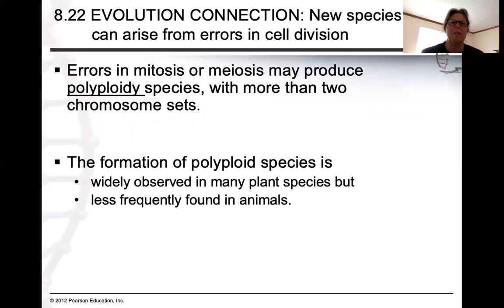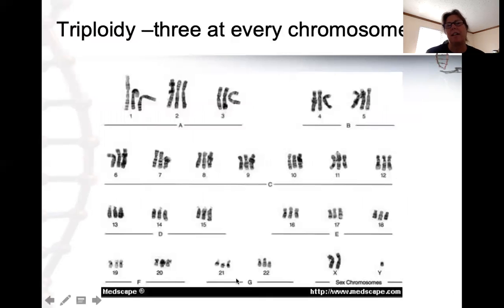With evolution, we have these errors in mitosis and meiosis that can lead to what we call polyploid species. That's where they have more than two chromosome sets. In animals, this is generally not viable, but in plants, it gives us super sized leaves, flowers, and fruits. So here would be a human that is triploid.